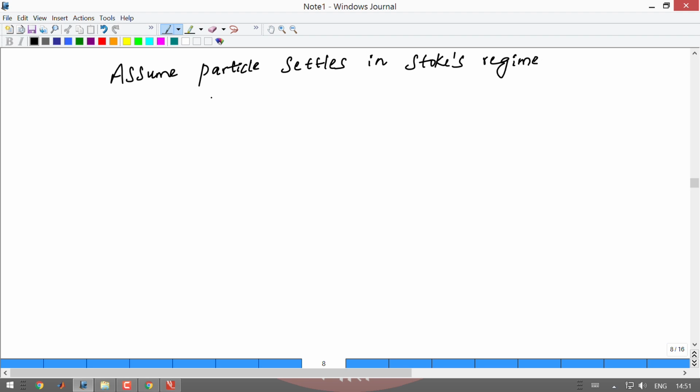In the Stokes regime the terminal velocity of the particle is given as follows. Now we have to find the settling velocity of the 50 micrometer particle.